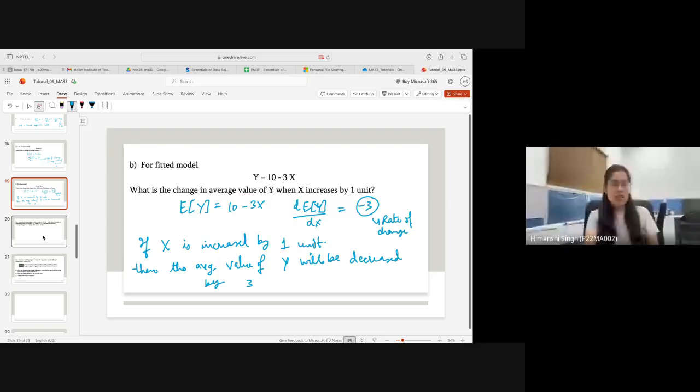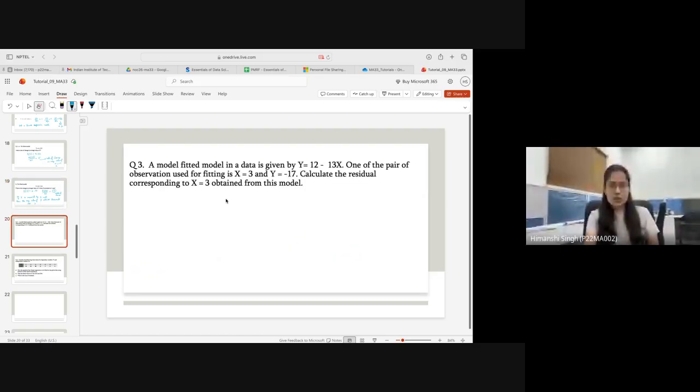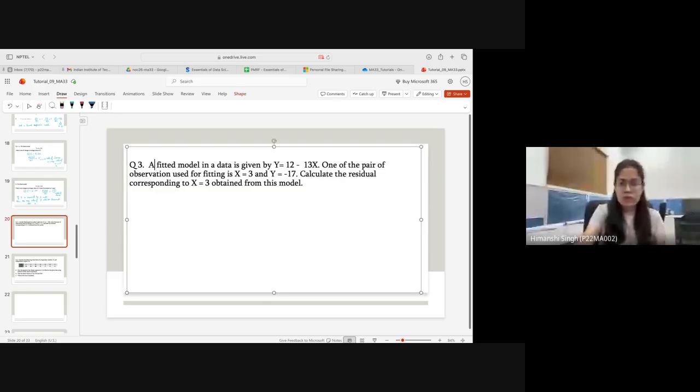Okay. So then we'll move to the next question. Just see this question. A fitted model for some data is y equals 12 minus 13x, sorry.